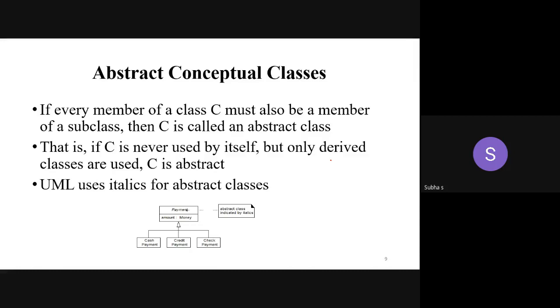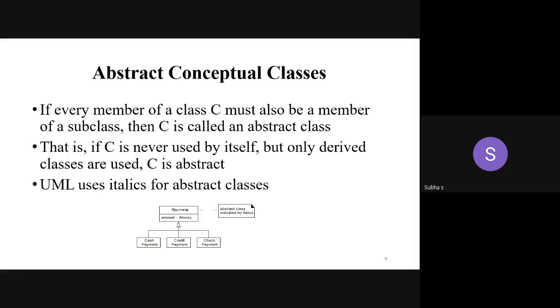So look at the definition. If every member of a class C must also be a member of a subclass, then C is called an abstract class. Every member is also a member. So assume that C has subclasses. That is, if C is never used by itself, but only the derived classes are used, then C is called the abstract class.